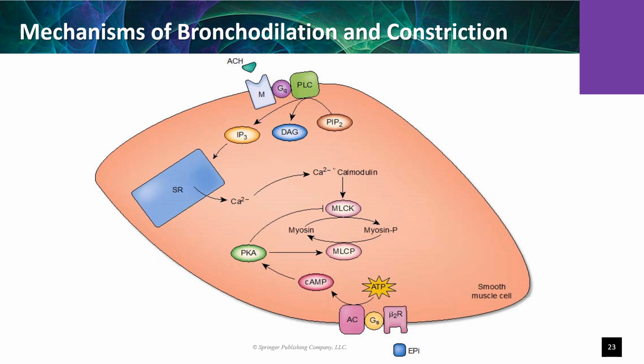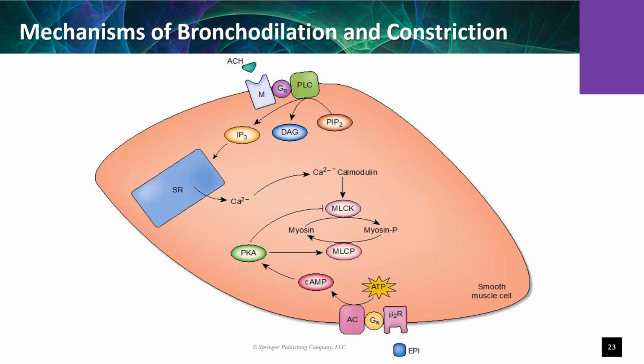In an acute asthma attack, mast cell-generated leukotrienes bind to leukotriene receptors and cause bronchoconstriction.